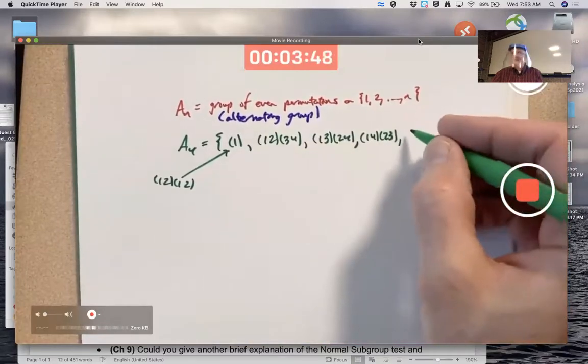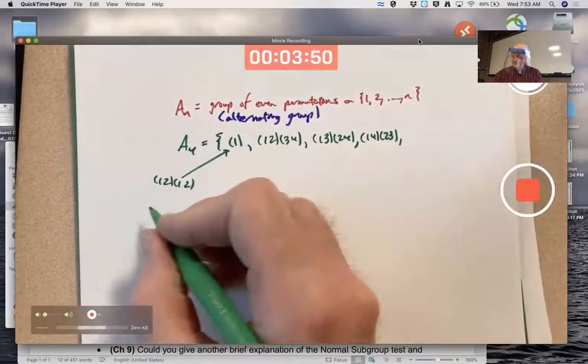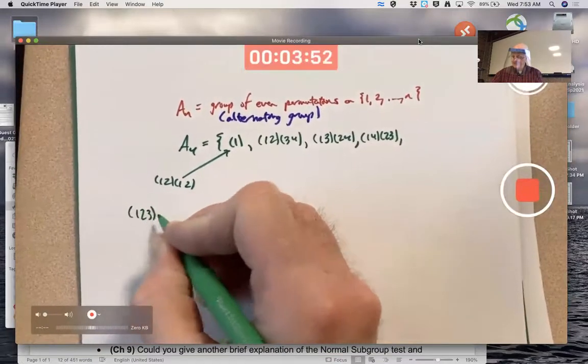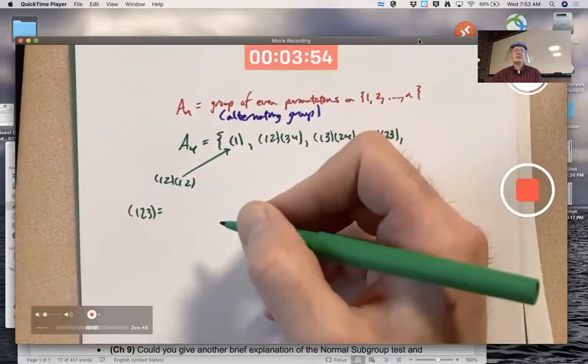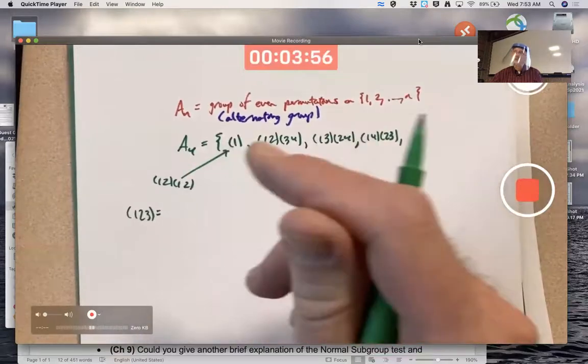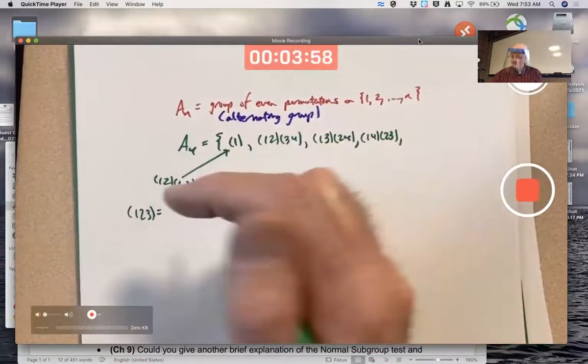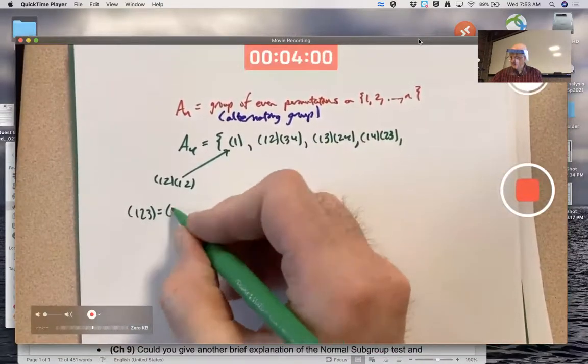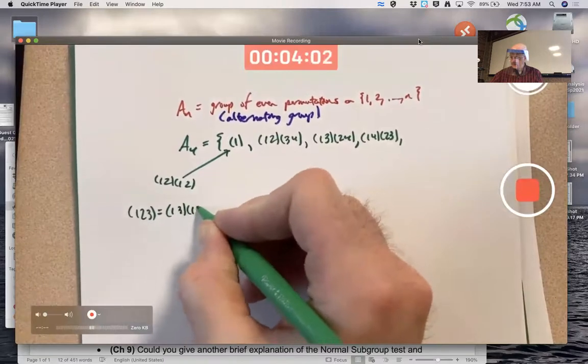But also the 3-cycles, for example, (1 2 3), can be written as a product of an even number of 2-cycles, though they're not disjoint 2-cycles: (1 3)(1 2).